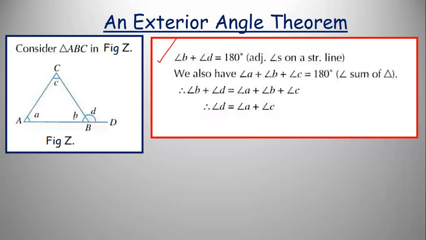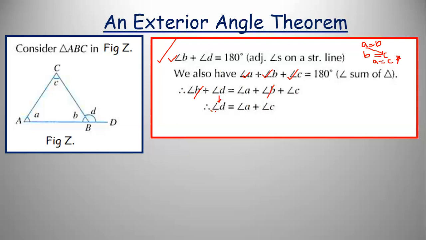We also know that angle A plus angle B plus angle C is equal to 180 degrees, the angle sum of a triangle. And there is a property that if A is equal to B and B is equal to C, then we can say that A is equal to C. Using this property, we equated angle B plus D with angle A plus B plus C. Therefore, angle B plus angle D is equal to angle A plus angle B plus angle C. Angle B is the same on both sides of the equal sign, so we can cancel it out. So angle D is equal to angle A plus angle C.